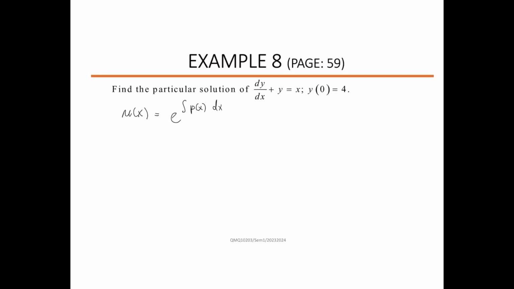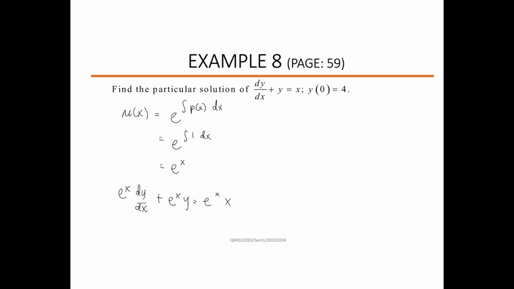So here our P(x) is 1, so the integral of 1 with respect to x, so we have e^x. So multiply each term with e^x, so e^x dy over dx plus e^x y equal to e^x x.